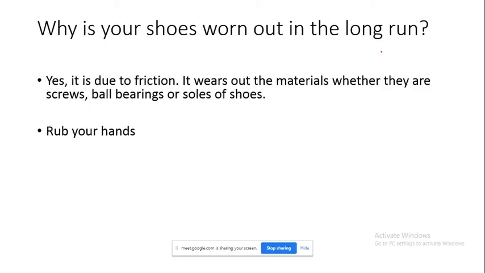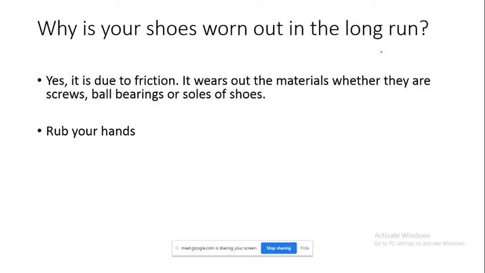Now let's come to a conclusion that friction can be both good and bad. If there is no friction, our whole life will be very difficult. You won't be able to walk, write, grab a thing, or pick up anything at all. If you start walking, you can't stop, and to start walking also you need friction.